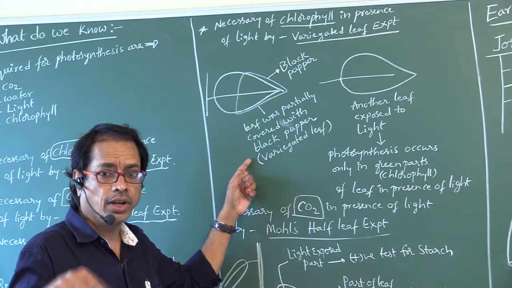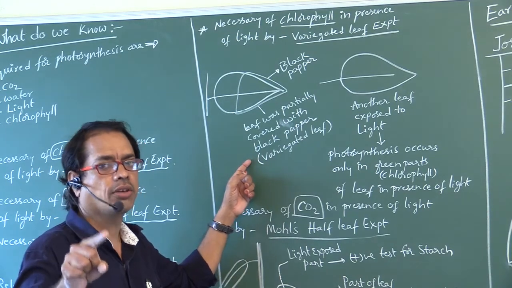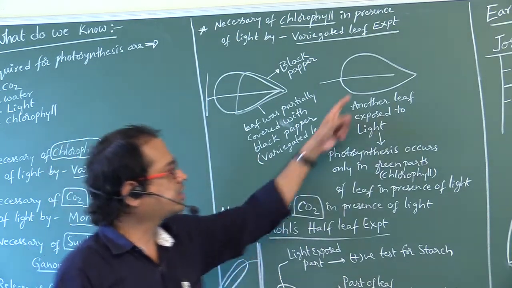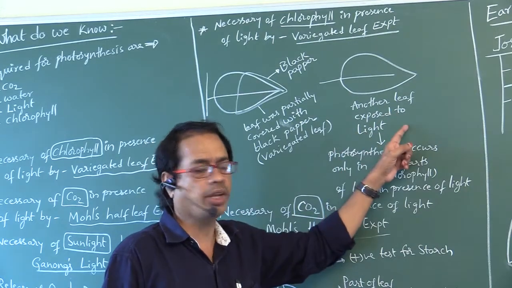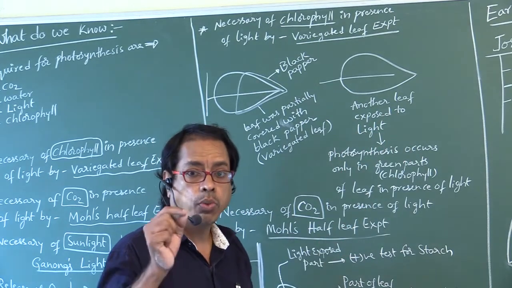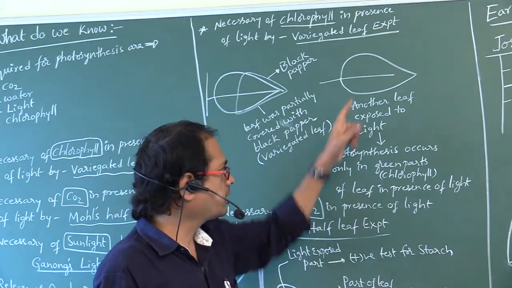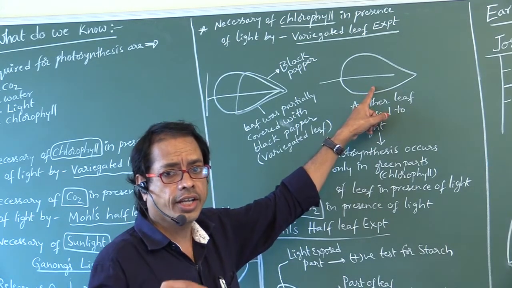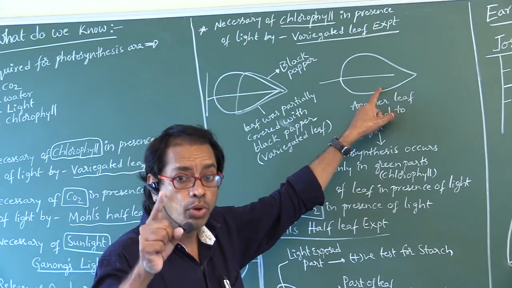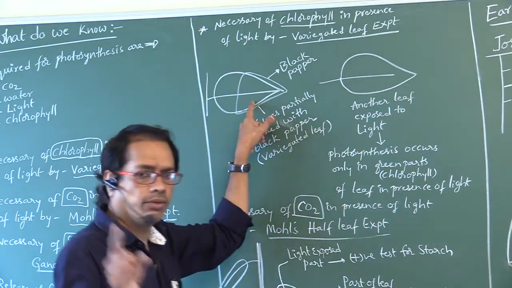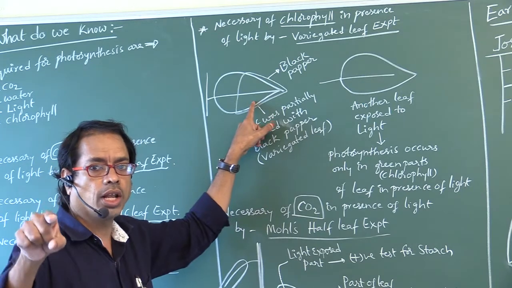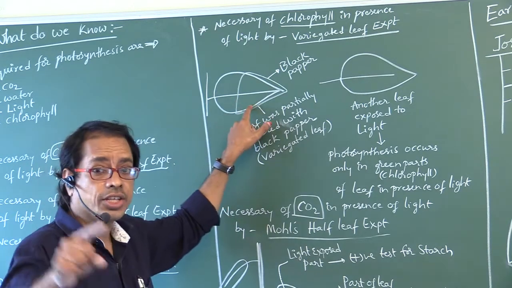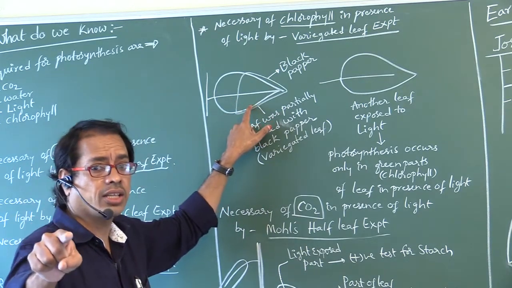The variegated leaf will give a negative test for iodine, whereas the other leaf exposed to light will give a positive test. This part will give blue color, and this part will not be blue. So here starch is not synthesized.